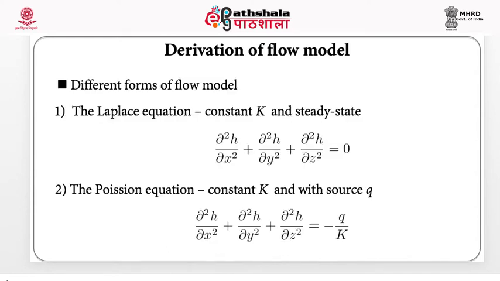Now that we have different forms of flow model, it is important to note that the partial differential models are not complete without the statements of initial conditions and the boundary conditions, and this has to be also defined in our flow model. When we say initial condition, we are dealing with a transient problem, and in a transient problem the head has to be specified at time equals 0.